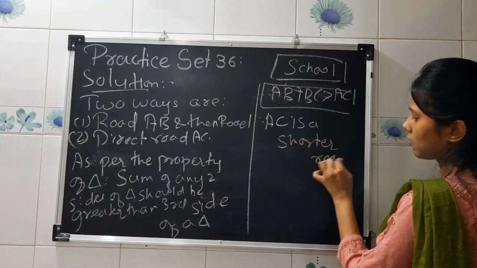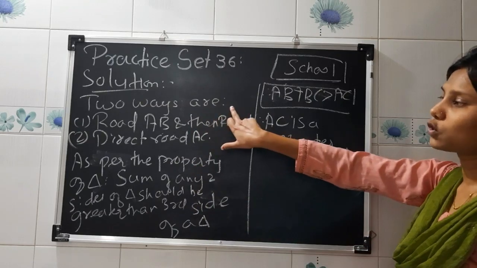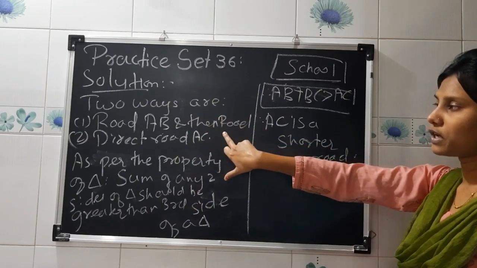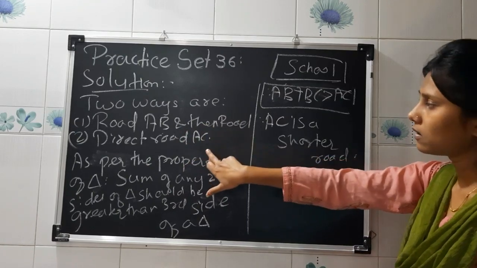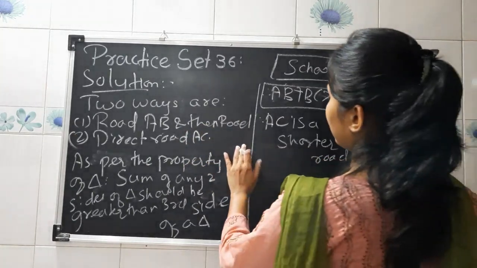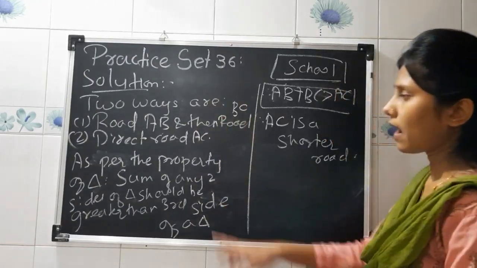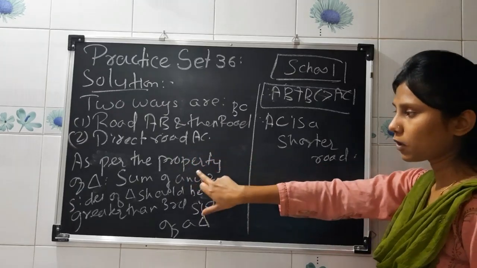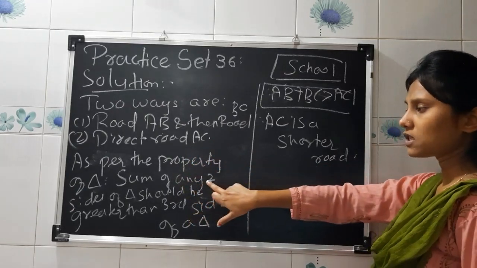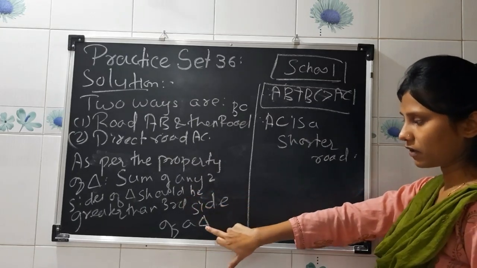Okay, first of all there are two ways for going to school. First is road AB and then road BC, and the second is direct road AC. So as per the property of the triangle, sum of any two sides of triangle should be greater than third side of a triangle.